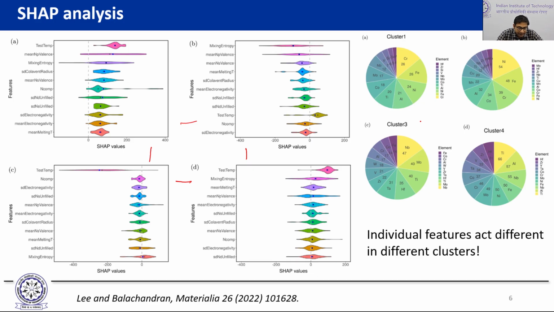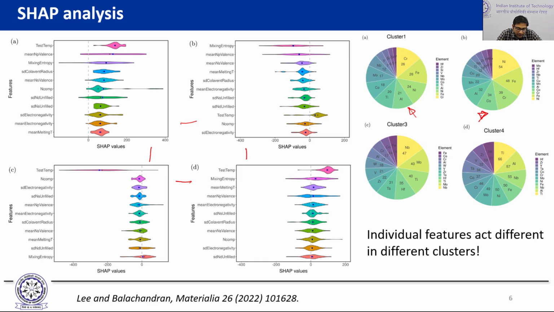If you look at these pie charts, you can see that in cluster 1 it was mainly a chromium, iron, nickel, aluminum type of alloy system. In cluster 2 it was a nickel, iron, chrome, cobalt type of alloy system. So what you basically notice is you had a lot of aluminum as a percentage in the first, whereas in the second cluster you now had cobalt.